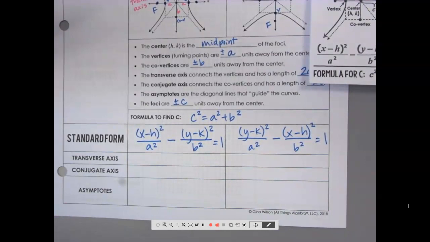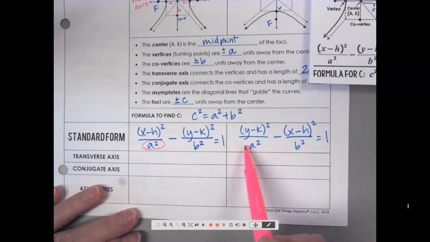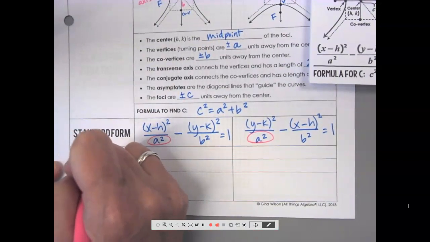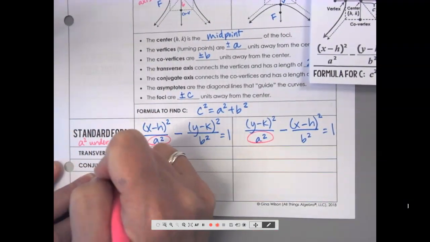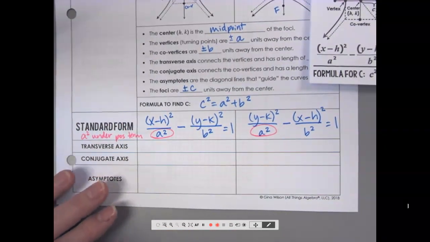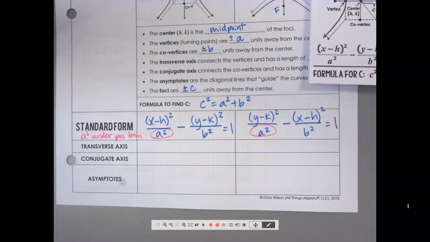Notice here that a squared is with the positive term. A squared is under the positive term. B squared might be bigger in these. Different rules than with ellipse.